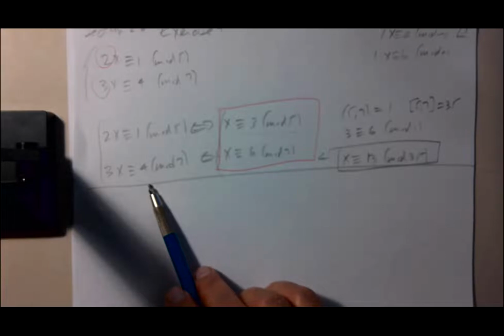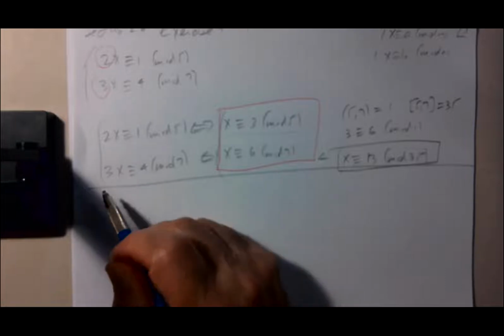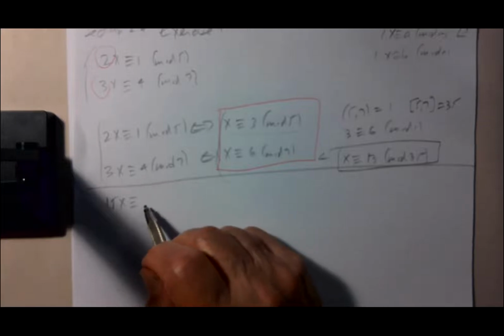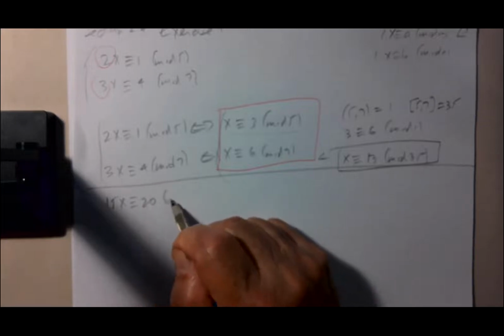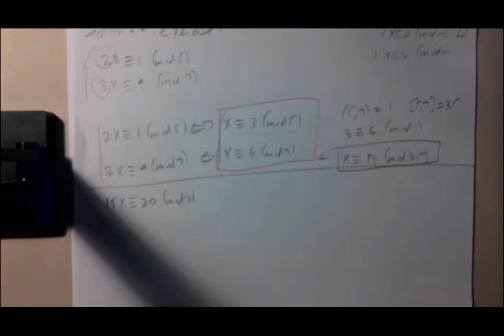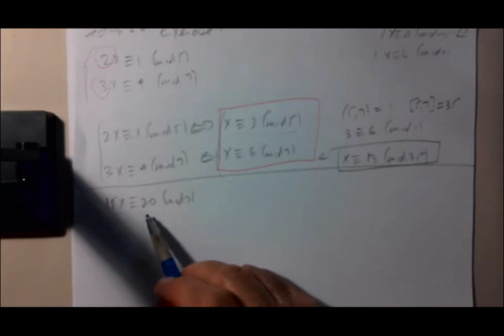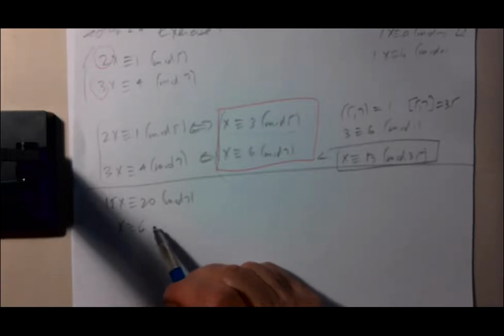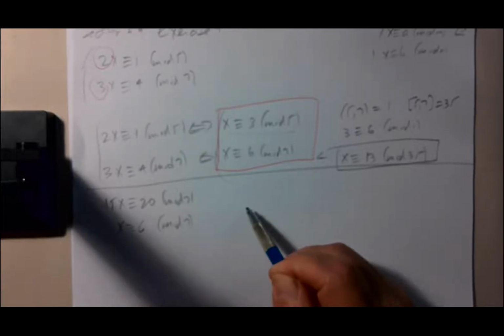If we multiply by 5, the 3 becomes 15, and that will have a remainder of 1. So 15x, if you multiply by 5, is congruent to 20 mod 7. And 15 is 1 and 20 is 6. So this is the same as x congruent to 6 mod 7.